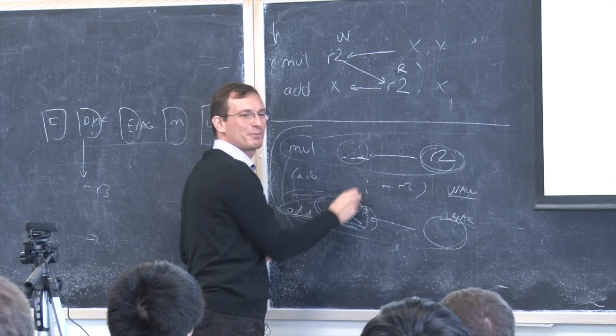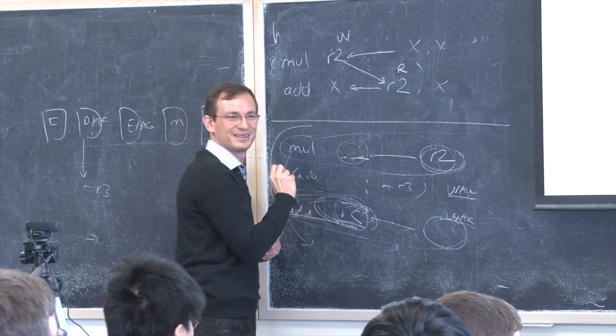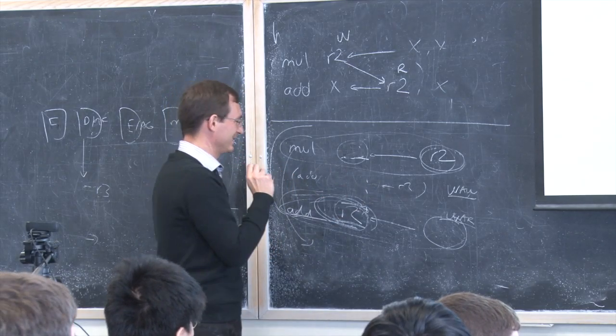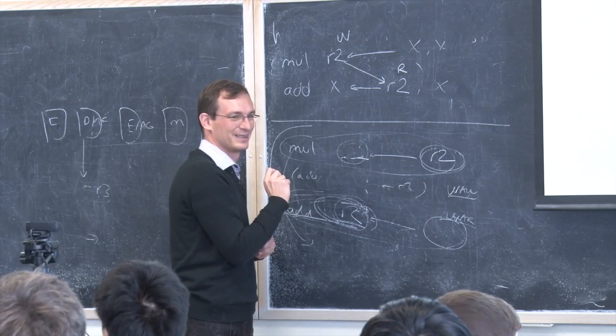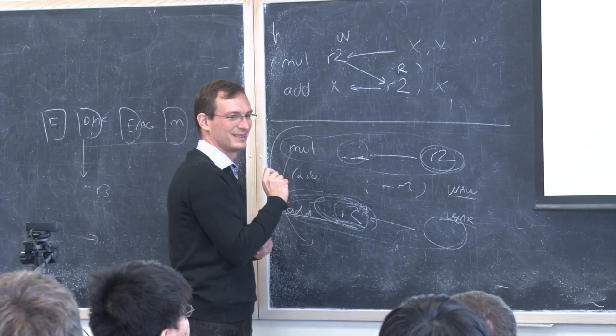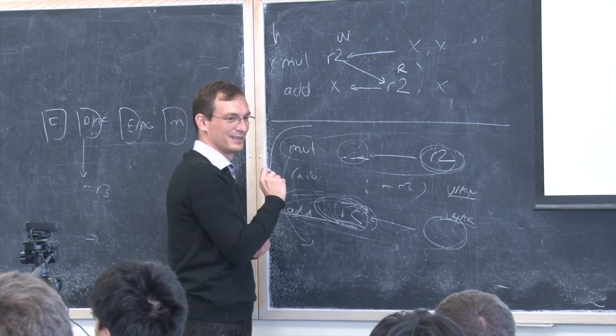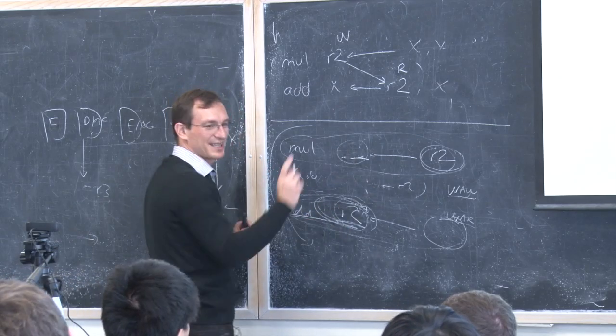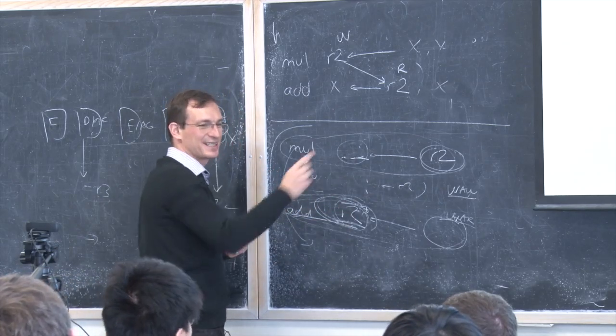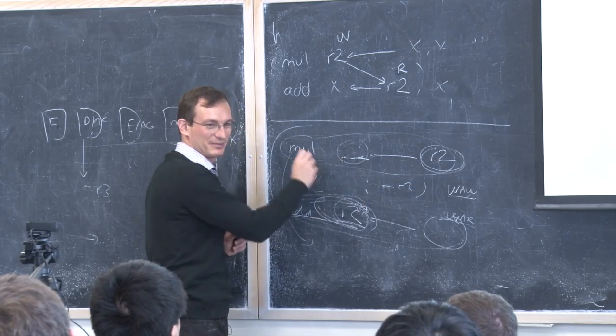So you may have a problem here. But it would have been read already, because before the add can ever get written back, that's the last stage. That value of R2 would have already been read for the multiply. Exactly, because this happens later. So this is not a problem in this pipeline design.